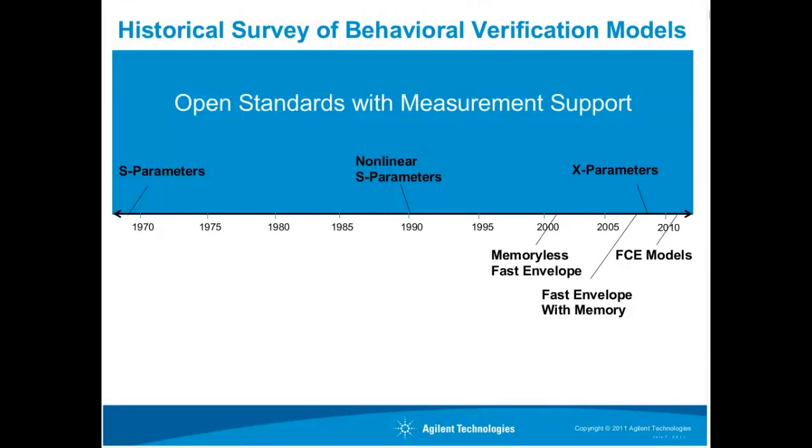Now, the reason we're not talking about X parameters in the rest of this presentation is historical. So the GoldenGate tool is our tool for RFIC simulation, and currently it doesn't produce X parameters. It produces forms of these fast envelope models. We now call them fast circuit envelope models that we can now share outside of GoldenGate into the SystemVue platform.